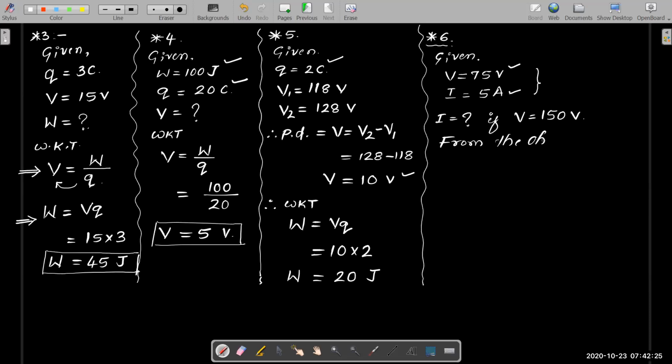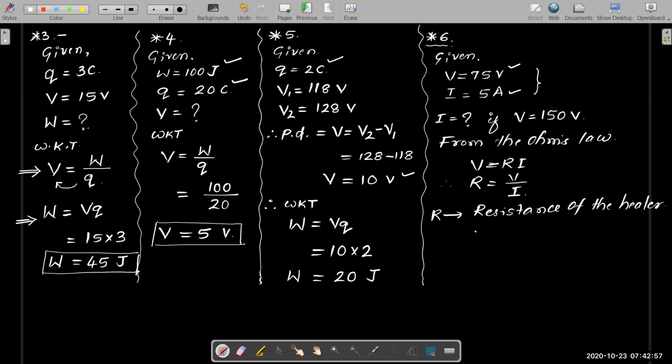From Ohm's law we know that V is equal to R into I. Therefore, R is equal to V divided by I. What is this R? It is the resistance of the heater. If you want, you can write R is the resistance of the heater.